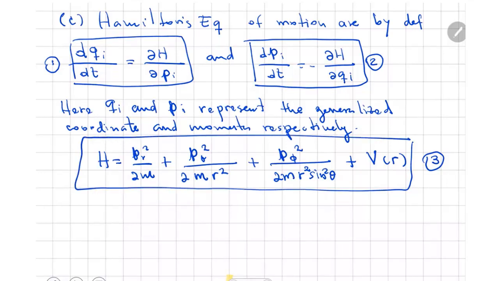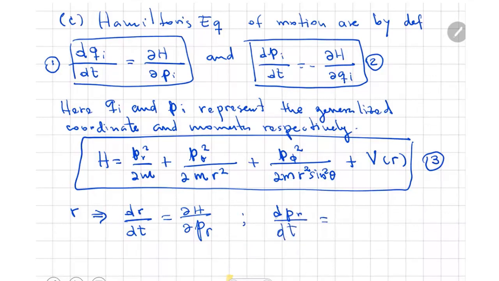We start with the coordinate r. Equations 1 and 2 are going to be dr/dt equal to dH/dp_r, and dp_r/dt equal to minus dH/dr.